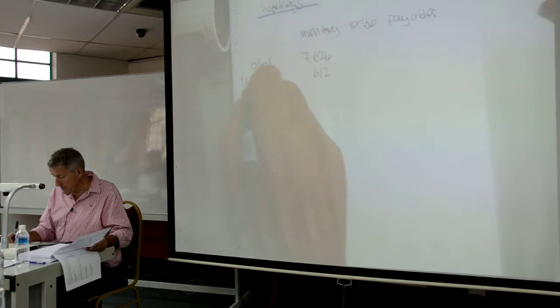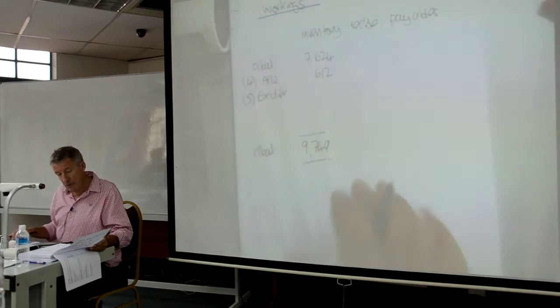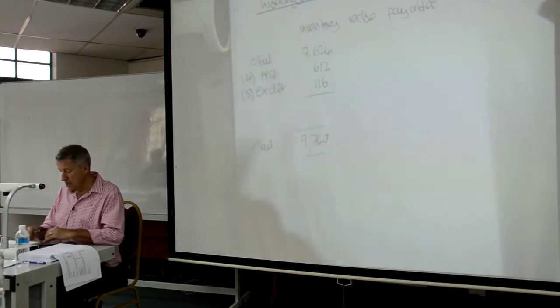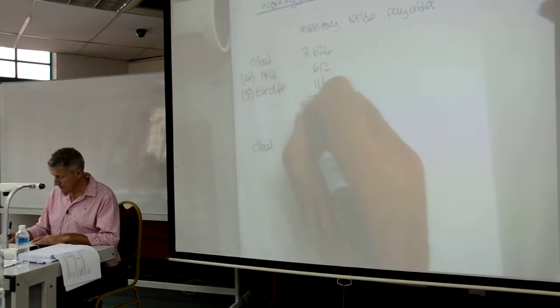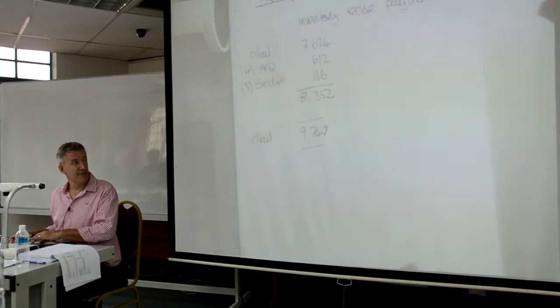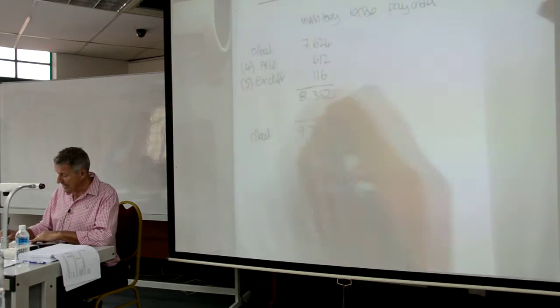I'm also conscious of note number 5, the exchange difference, and there is a gain on the exchange difference to do with inventory, which is 116. So when I think of my inventory, it is 8352.